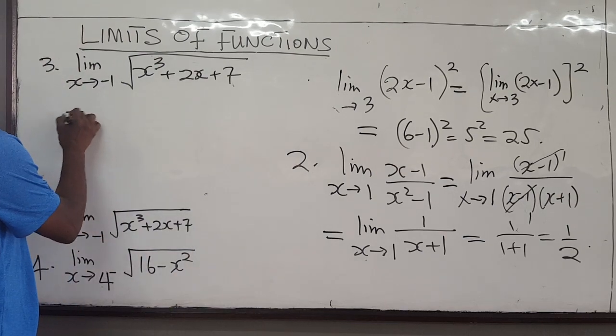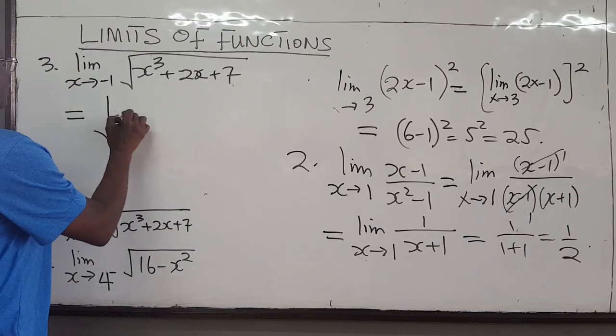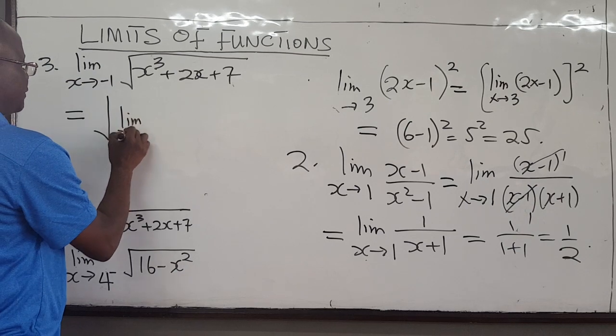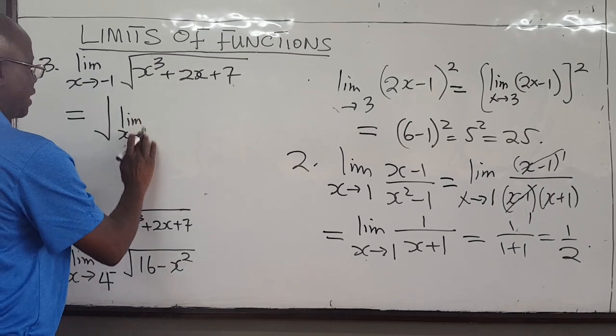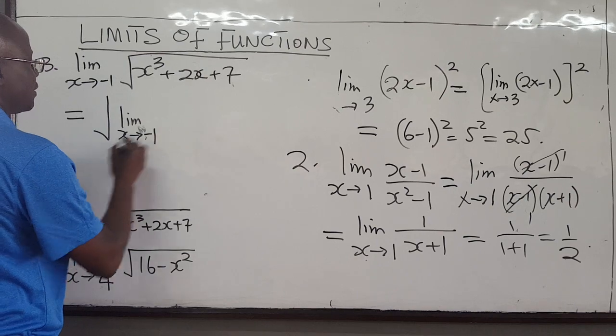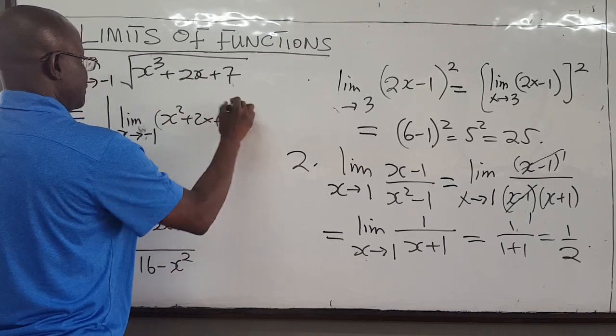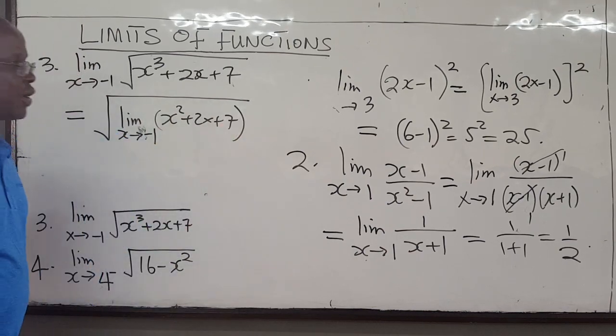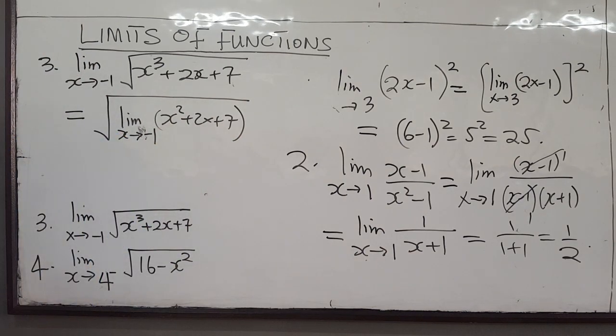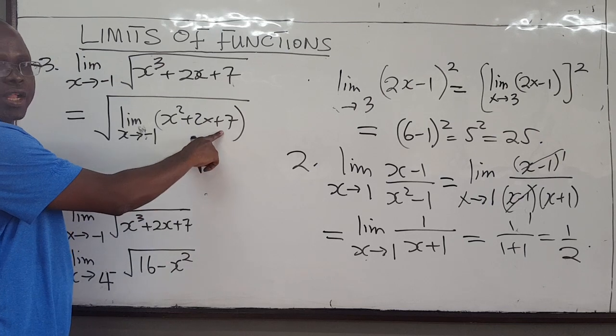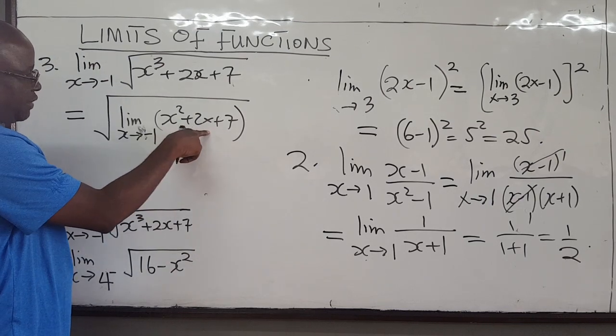I can rewrite this as the square root of the limit, taking the limit inside, as x approaches -1 of x cubed plus 2x plus 7. Now this is a polynomial as well, so I can just plug this inside.